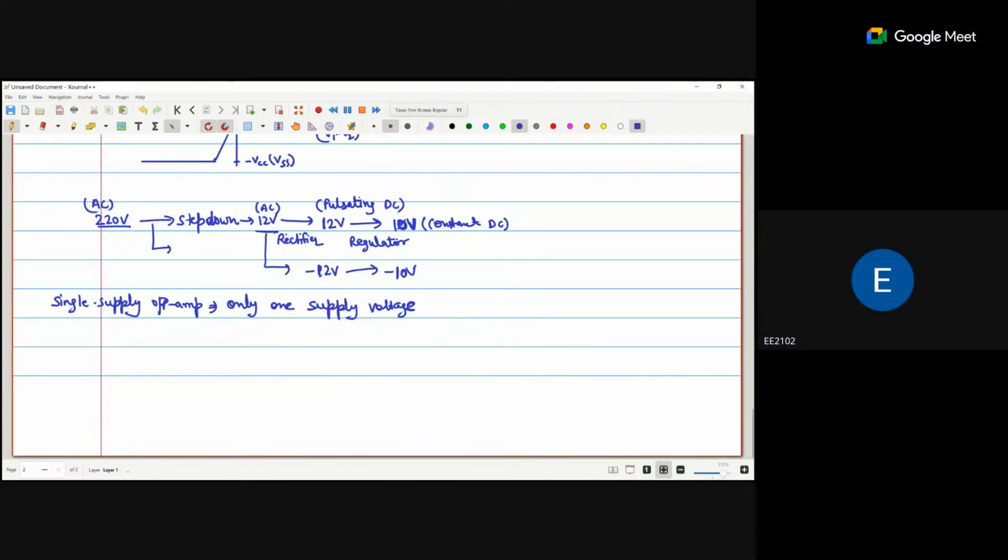If you require one supply voltage, I'm just taking one example: this is the ground, 2 kilo ohm, 2 volts, 6 kilo ohm, and the output voltage we know.